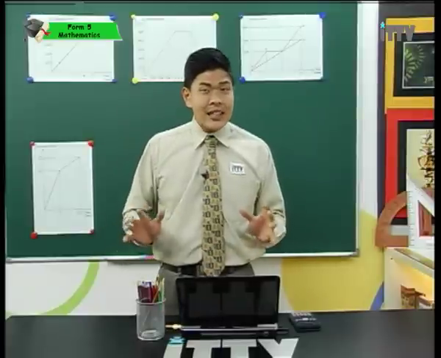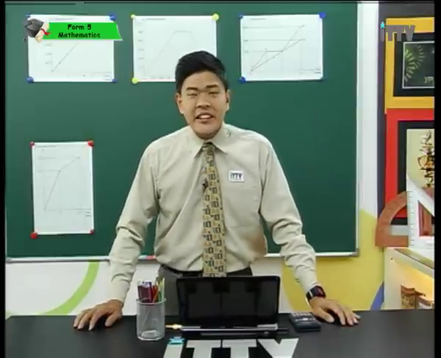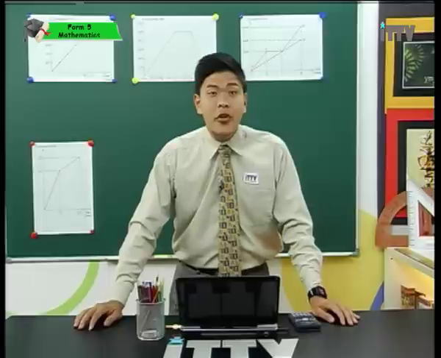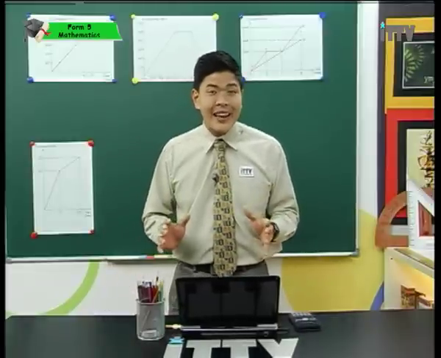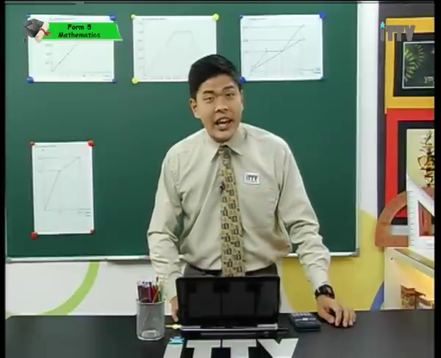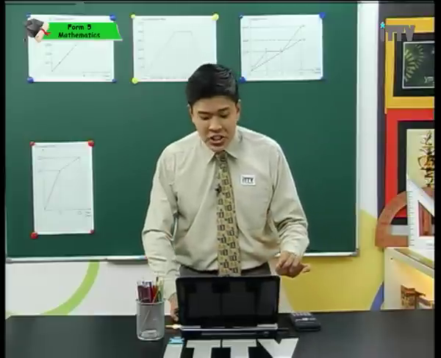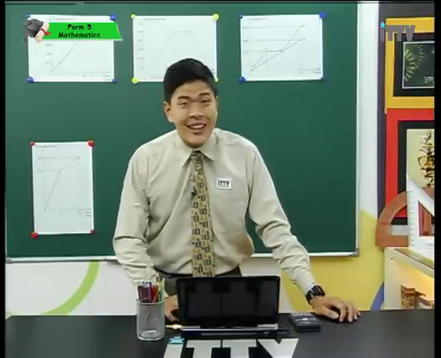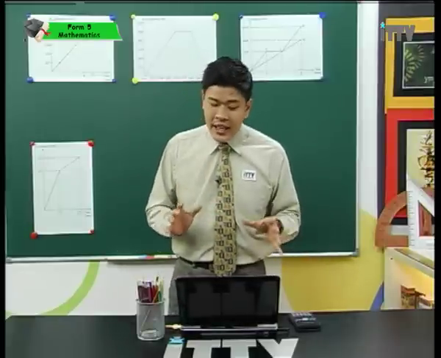So in certain types of graphs, when we apply it to our daily lives, take distance or speed or time for example, when we draw these graphs and a straight line has been obtained, the gradient will carry a certain meaning. And the meaning is always the rate of change of the quantity on the vertical axis with respect to the quantity on the horizontal axis.